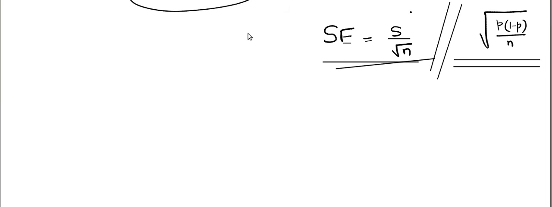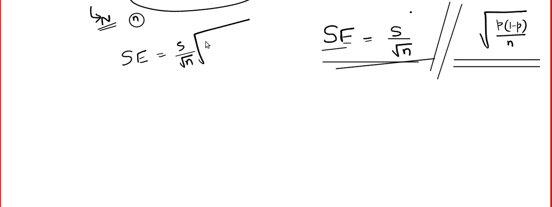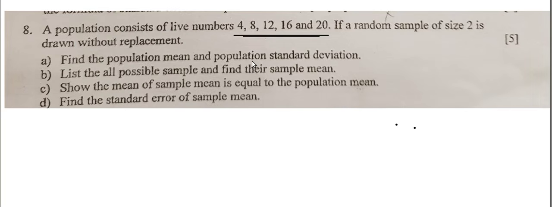By the way, I forgot to explain. Suppose you are dealing with a finite population, and you know the number of members in the population, let's say capital N, and your sample size is small n. Then the standard error is given by s by root n, times root under (N minus n) by (N minus 1).